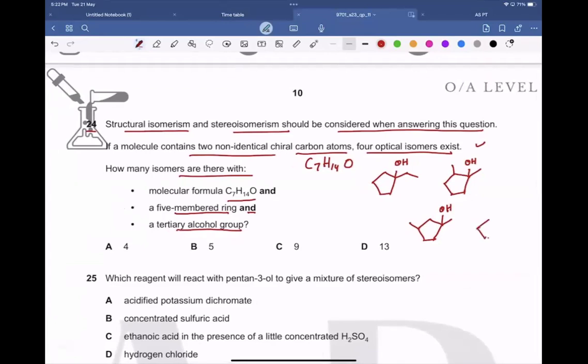Then if I put the other carbon over here and keep the OH over here, this is the fourth isomer in which there is a five-membered carbon ring, molecular formula C7H14O, and a tertiary alcohol group.